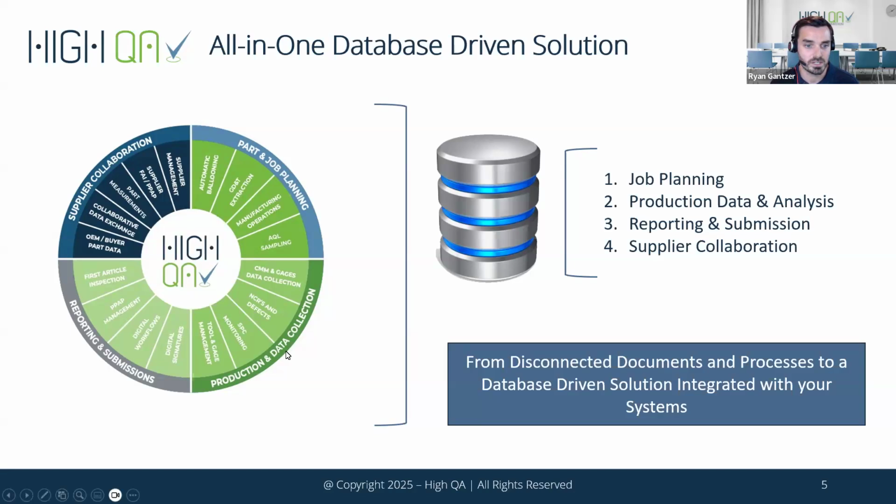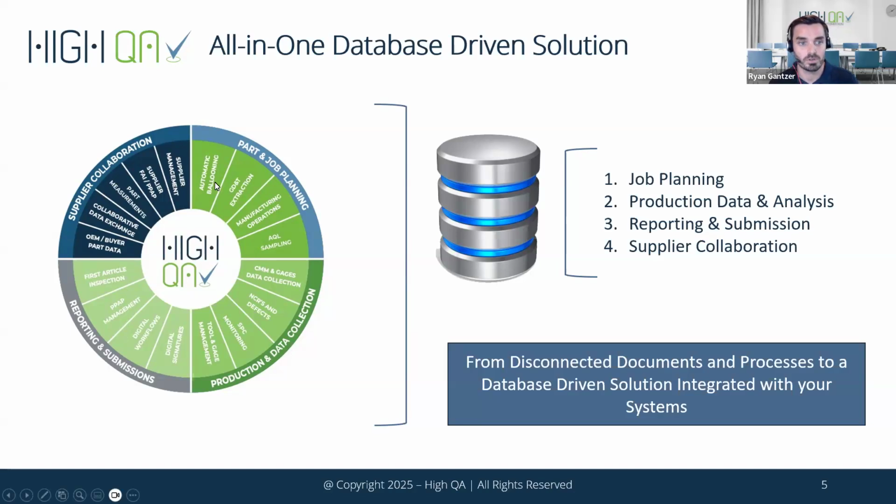We have our production and data collection, our reporting and submissions, and then also our supplier collaboration, all working inside the database, connected to one another through the digital database. Oftentimes, what you're seeing here is able to be done automatically.